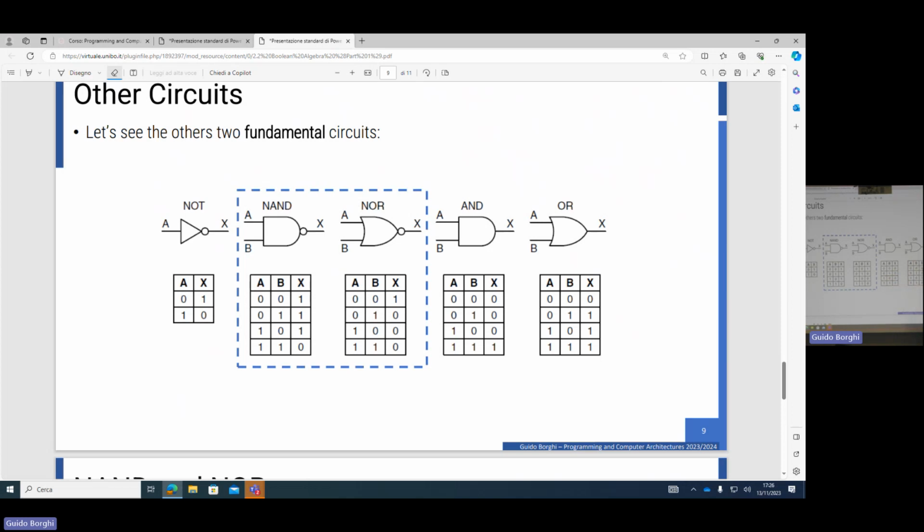So here, for example, we have 0, and here 1, 1, 1, and here we have 0, 0, 0. The same thing for the AND gate, 0, 0, 0, 1, and then here we have 1, 1, 1, 0. So you can memorize only the configuration of the AND and OR gates, and then you can retrieve the configuration of the NOR and NAND gates using the inversion of the bits.